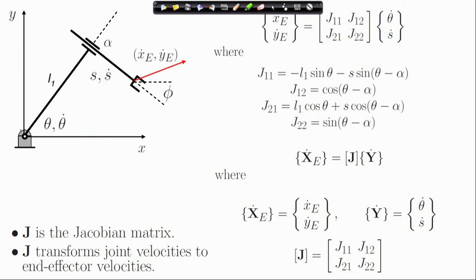Again the RP manipulator is a 2 degree of freedom manipulator. So, this has got a 2 cross 2 Jacobian matrix which transforms the joint velocities to the end effector velocities. So, we can say that the end effector velocity vector is proportional to the joint velocity vector, and the proportionality is through the Jacobian.